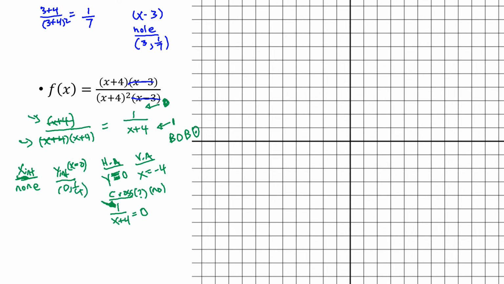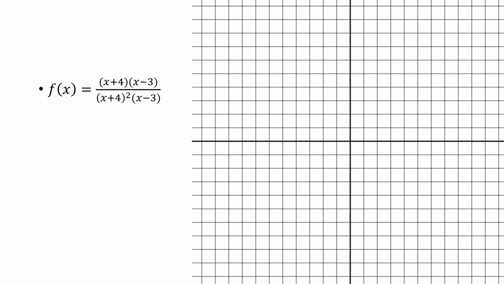Let's clean this up, write down our attributes, and see if we can put this together for our graph. Well, of course, after we do our sign chart. We found just now that in terms of x-intercepts, this function has none. We said also that the y-intercept was at (0, 1/4).